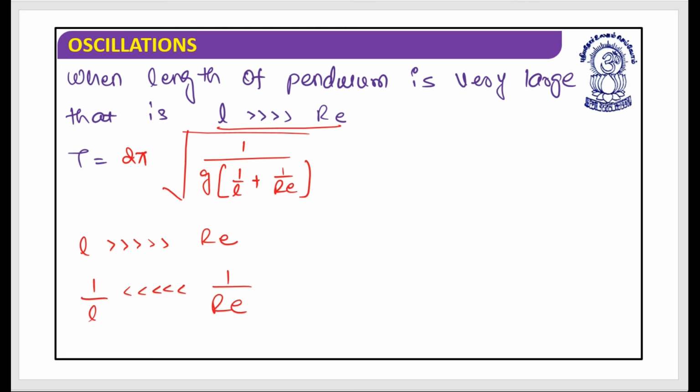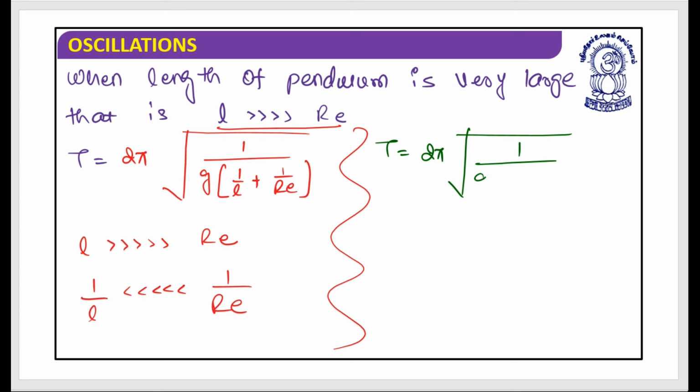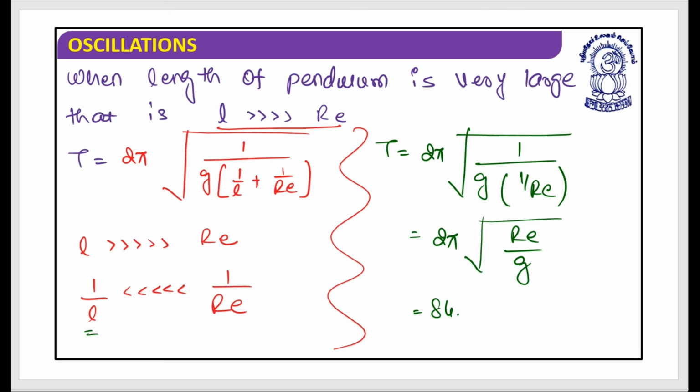I hope you understand this. And as this is the situation, this time period T could be written as 2π root of 1 divided by g into bracket, as this is very small, let's ignore it, it's 1/Re. So this is equal to 2π root of Re/g. When this is 2π under root of Re/g, this is 84.6 minutes.